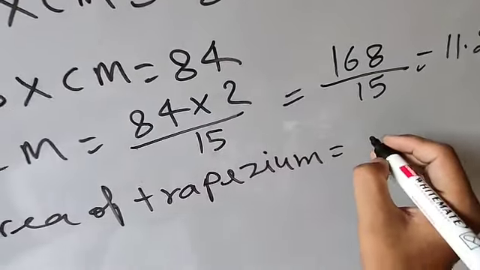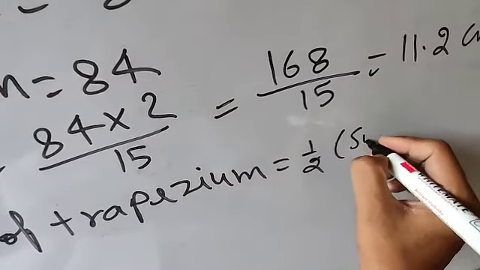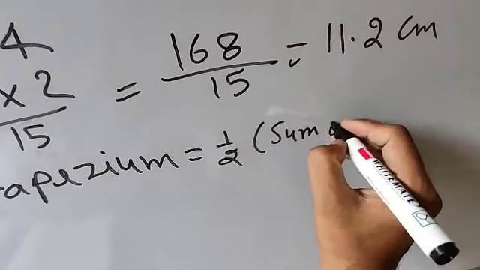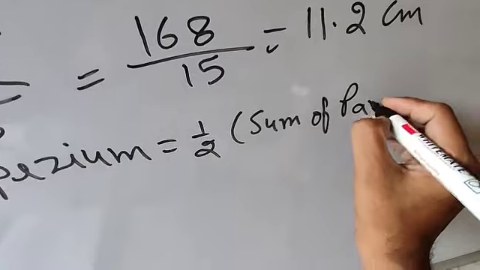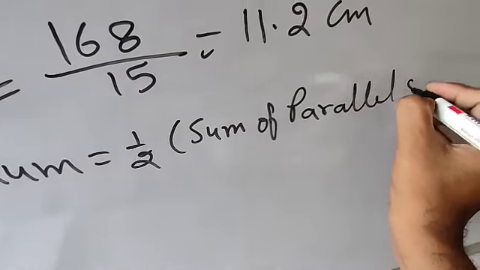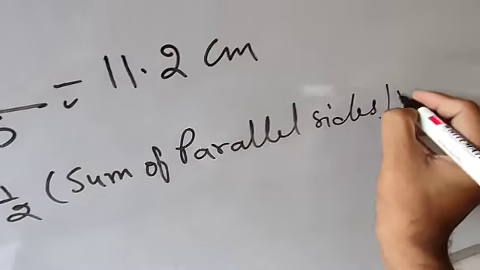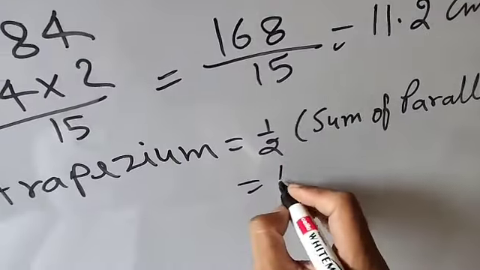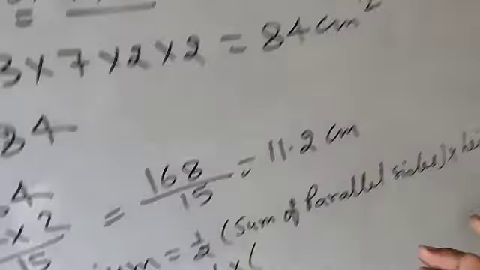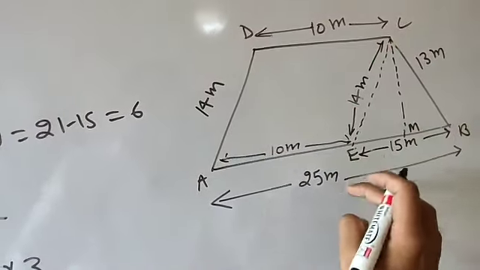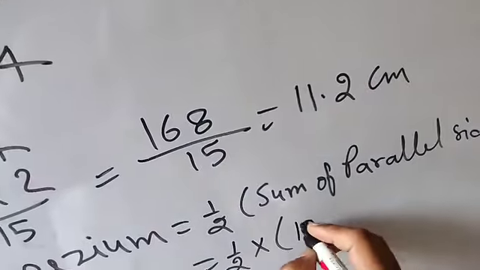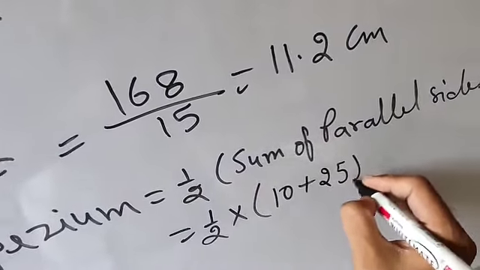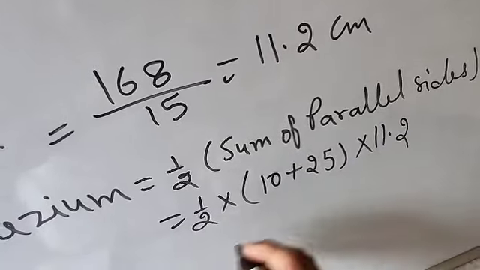Area of trapezium equals 1 by 2 into sum of parallel sides into height. Here parallel sides are 10 and 25. So 10 plus 25 into height, I got that 11.2.